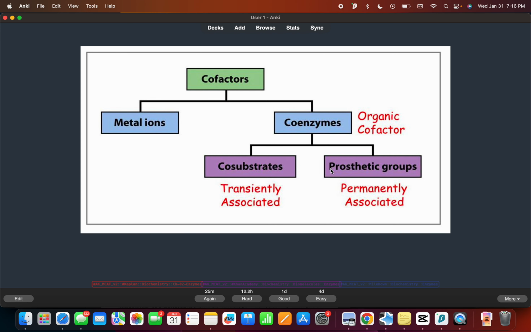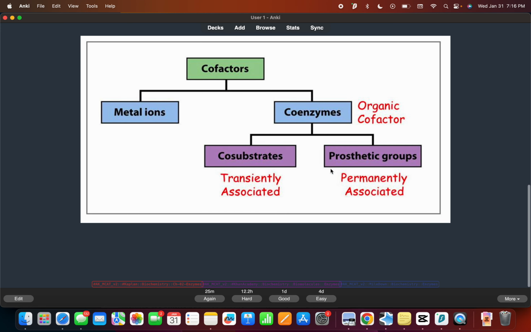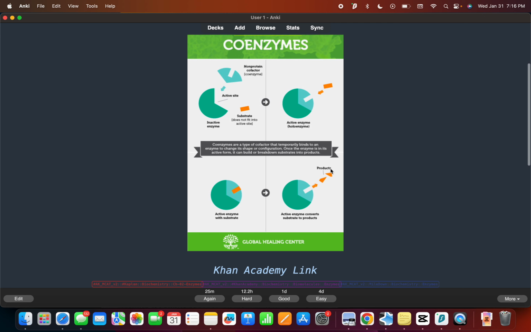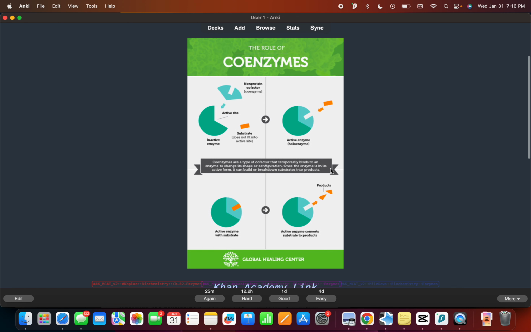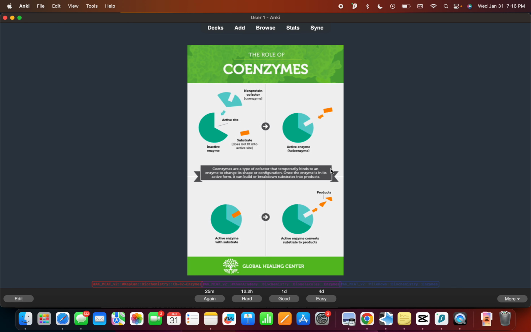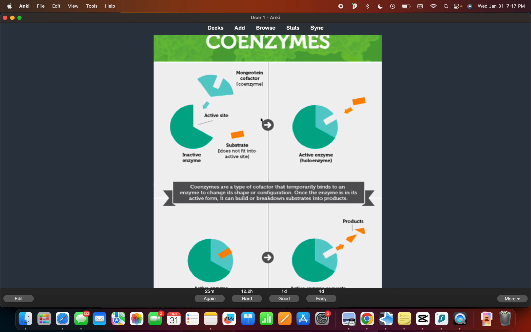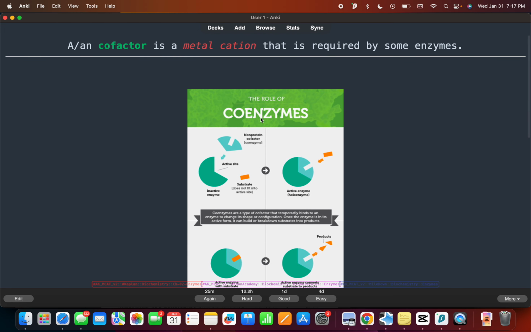Prosthetic limbs are permanent limbs. So yeah, non-protein cofactor. Cool.